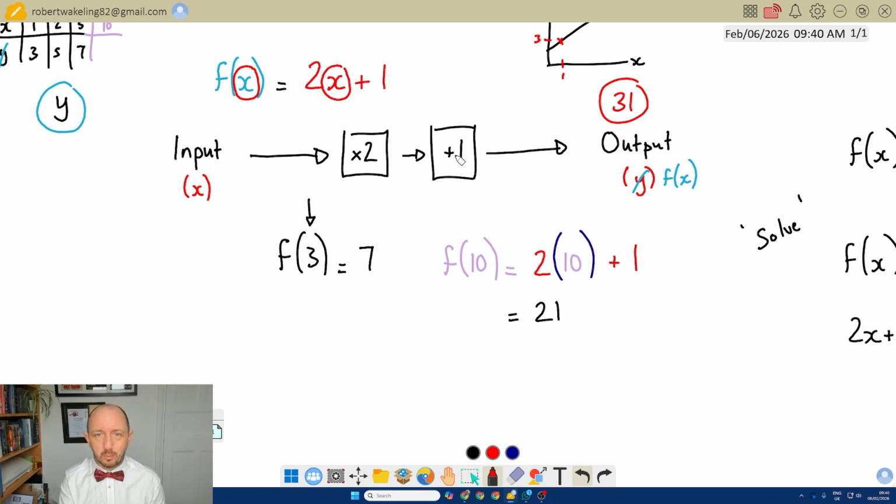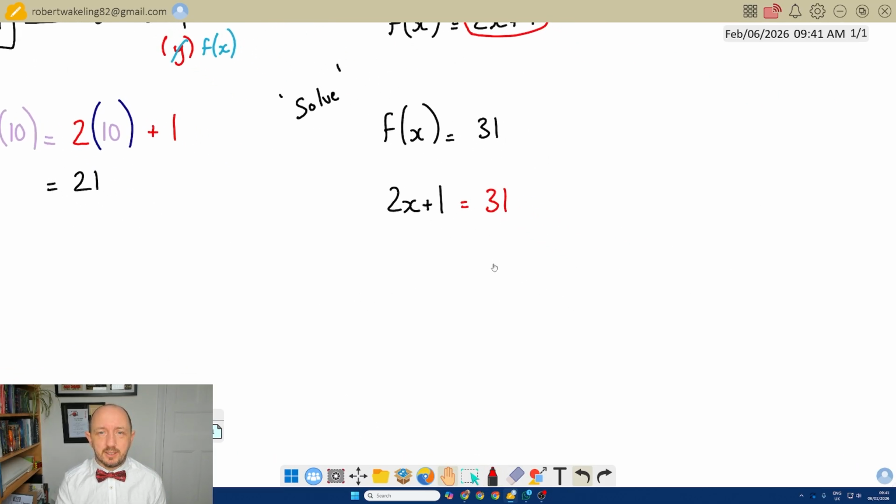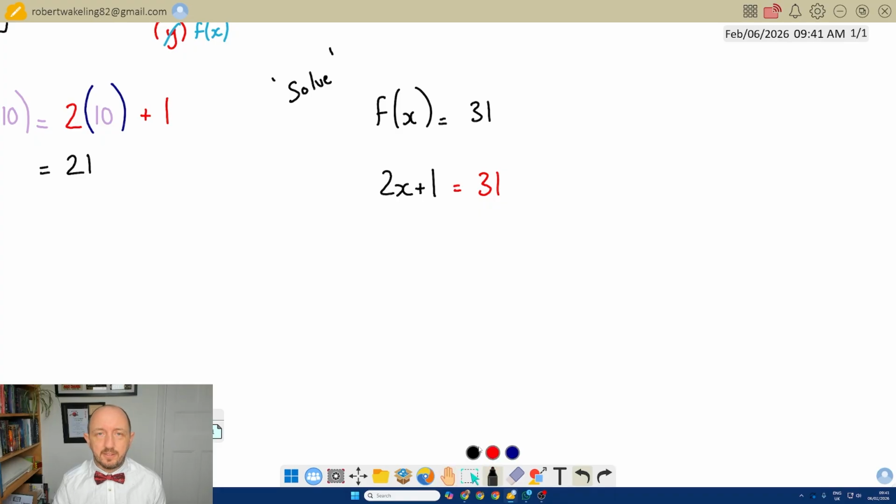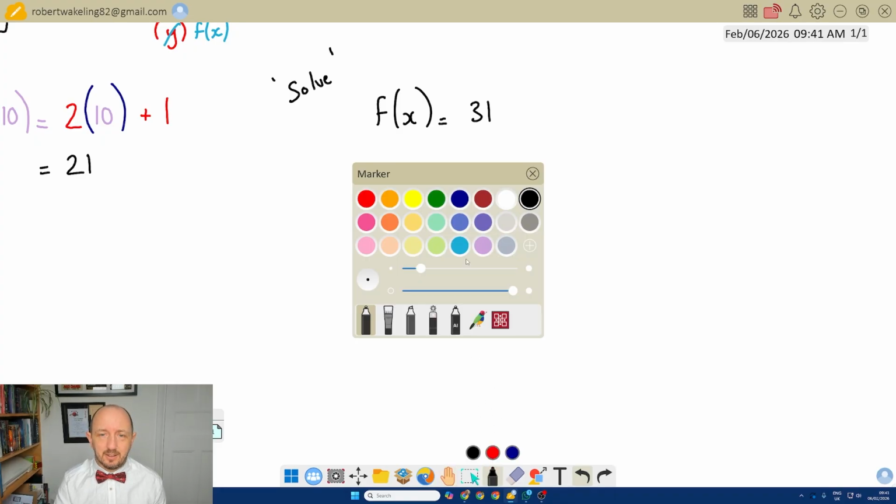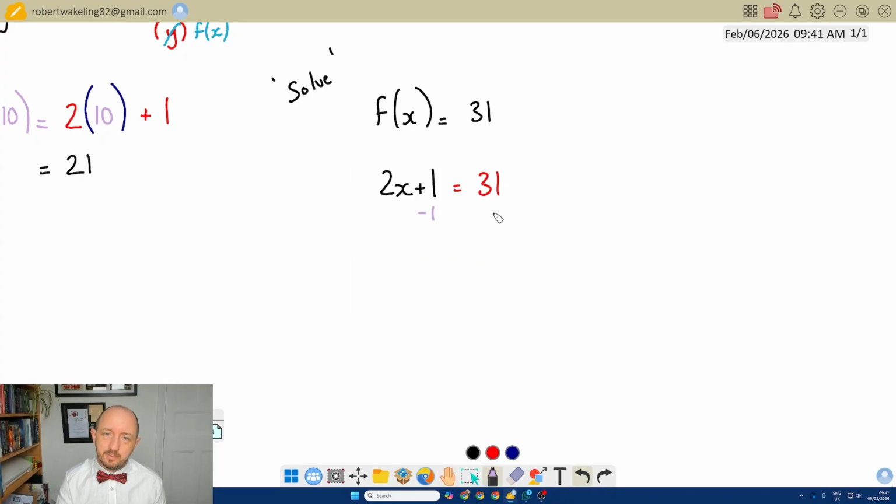I'm going to subtract 1, and I'm going to divide by 2, and that will give me my input. So when we solve an equation, we reverse BIDMAS. I'm going to subtract 1 to get my 2x equals 30. And then I'm going to divide by 2. That'll give me x equals 15.